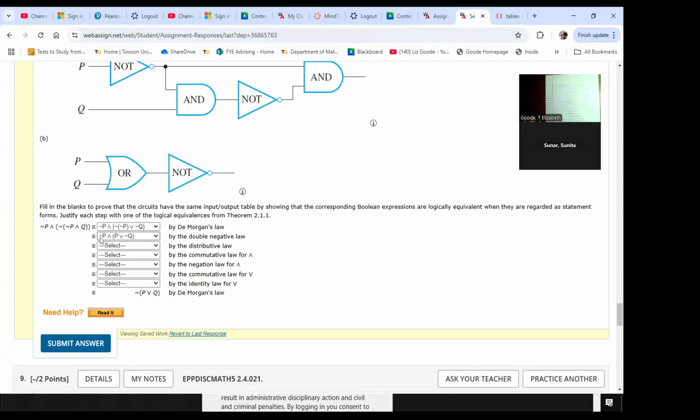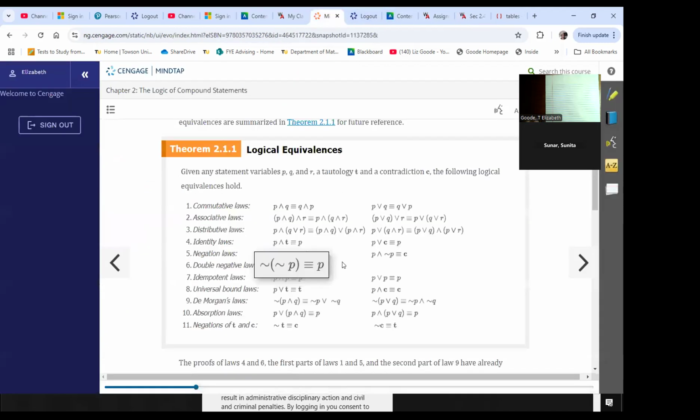The way it works is this not P right here gets anded with P, or this not P gets anded with this, which is not Q. I'll show you the law. The distributive law, it's right there. The and is going to distribute across the or.